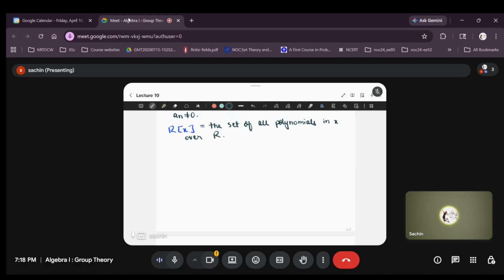So we want to give ring structure to R of x. Define addition. We add the like terms.